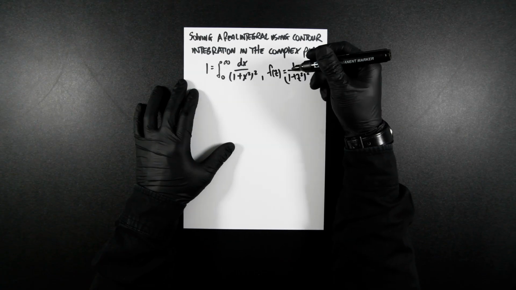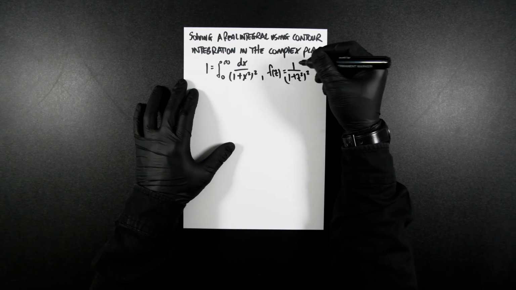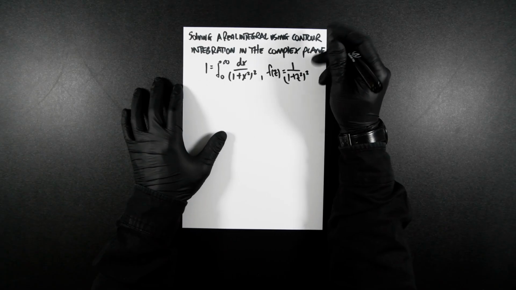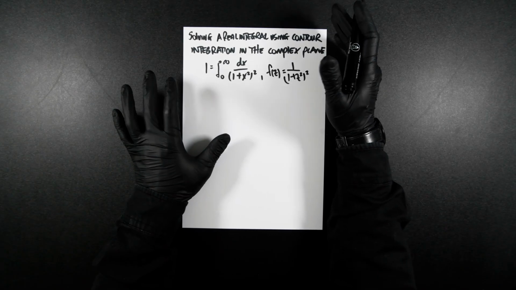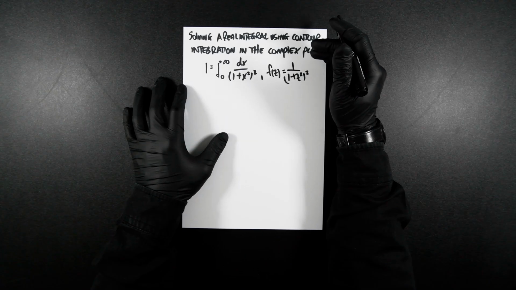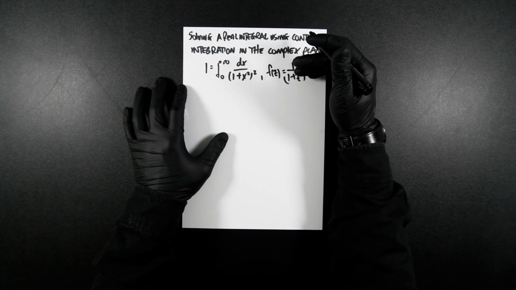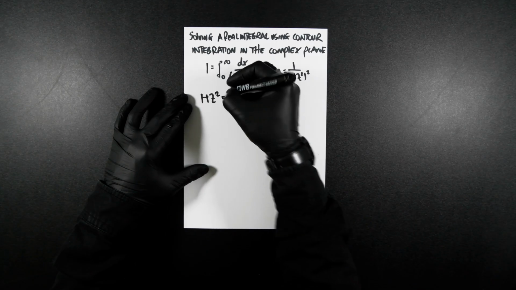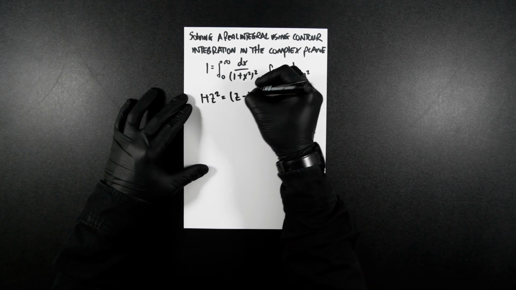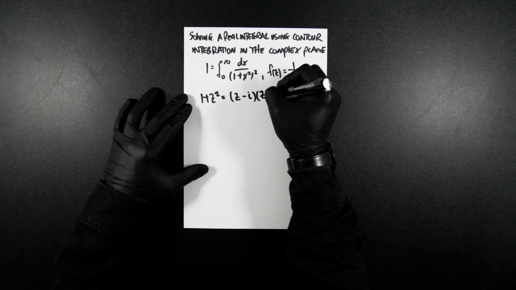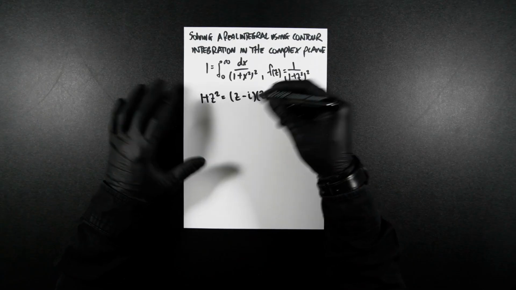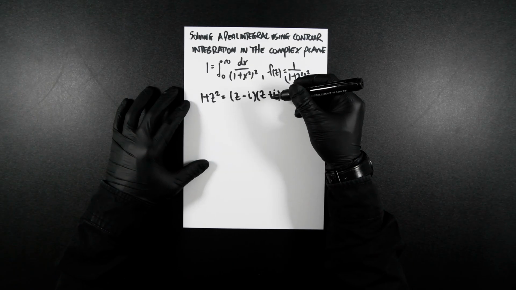So we want to integrate f of z over the real line, and we will use the residue theorem with a semicircle contour in the upper half plane. Let's first identify the singularities and rewrite the denominator. 1 plus z squared would equal z minus i, z plus i. You should know i squared equals minus 1, so a nice and easy substitution.